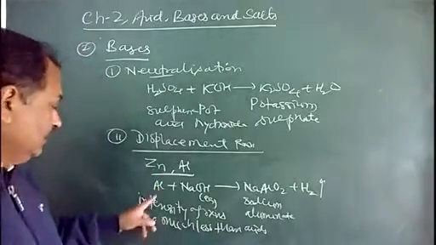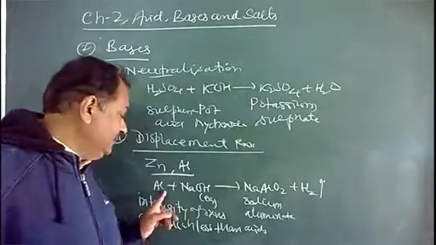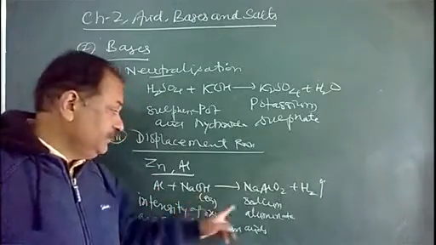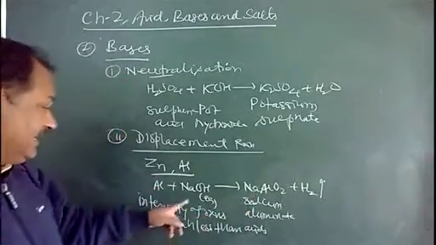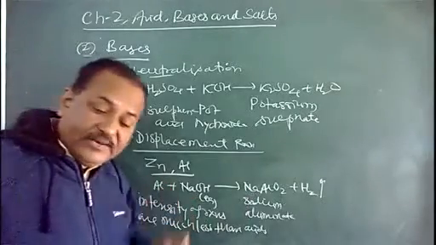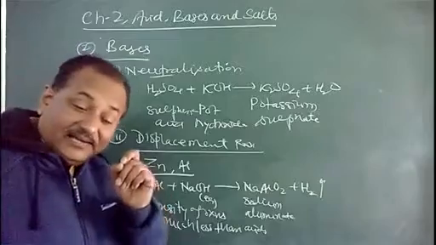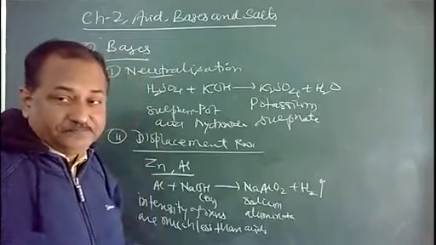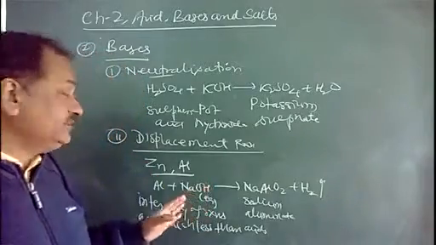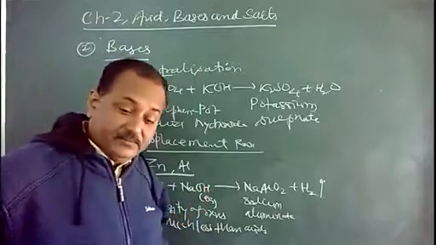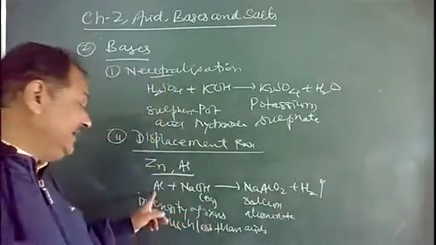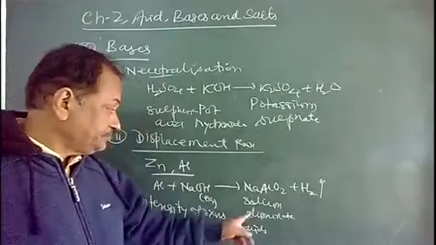Similarly, children, if I take aluminium and put it in sodium hydroxide or potassium hydroxide, a strong base has to be taken. This reaction cannot take place with weak bases, and the metal must be reactive.